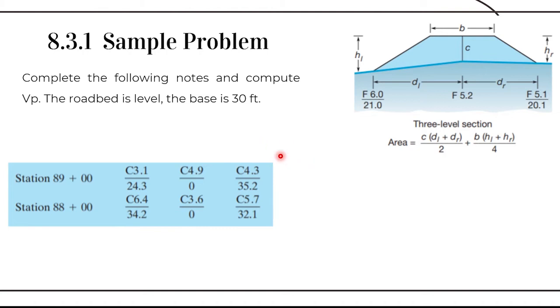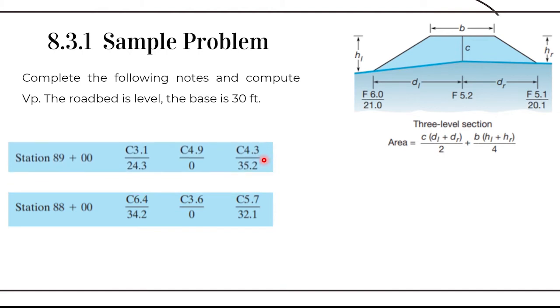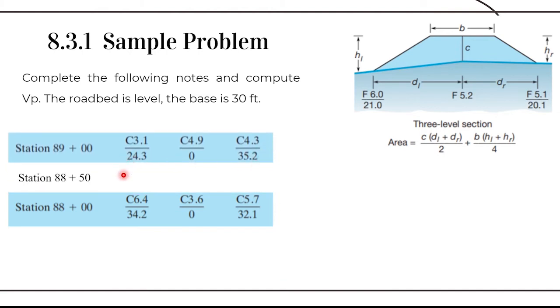So now let us find the average heights and widths of the two end sections. We all know how to get the average of two values. We just have to add 3.1 and 6.4 and divide it by 2, which gives 4.75.